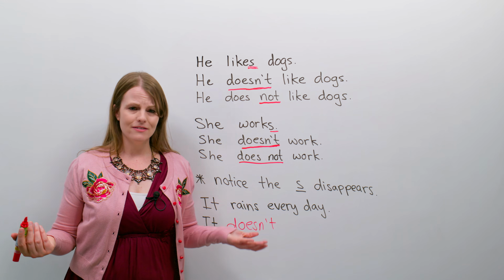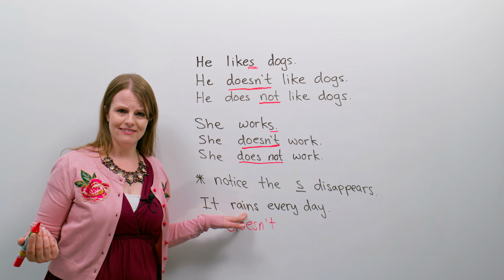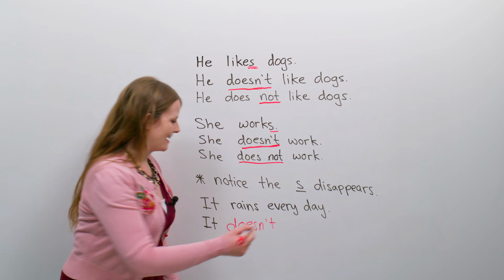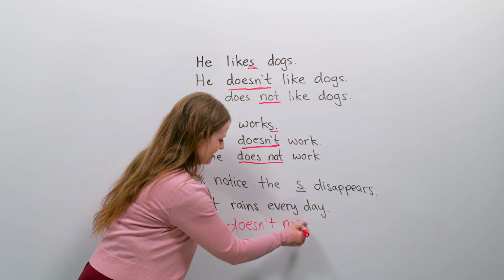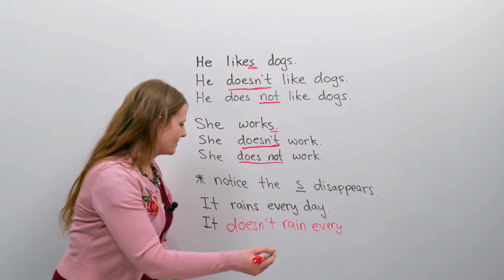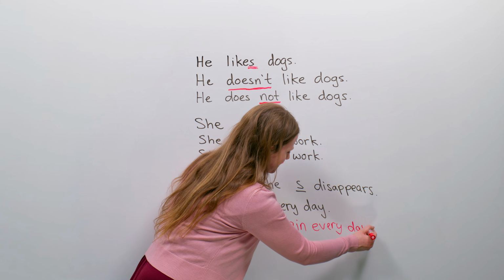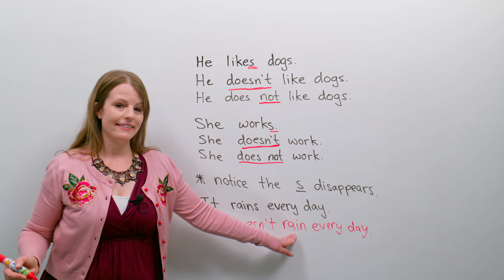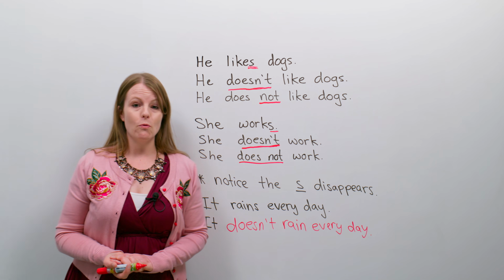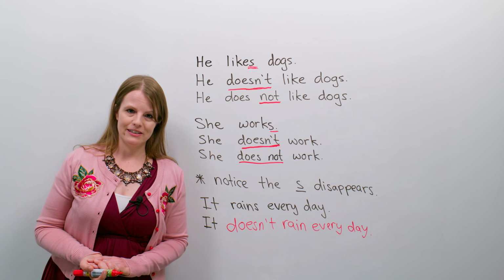Okay, so now the verb I'm going to use is rain. Does it need this S? No. So we can say it doesn't rain every day. Okay, so no S. All right, let's look at some more examples of when we use negative words.